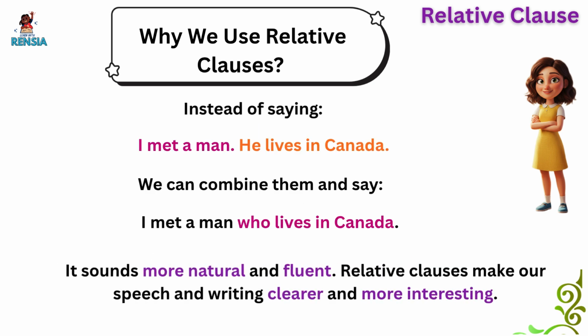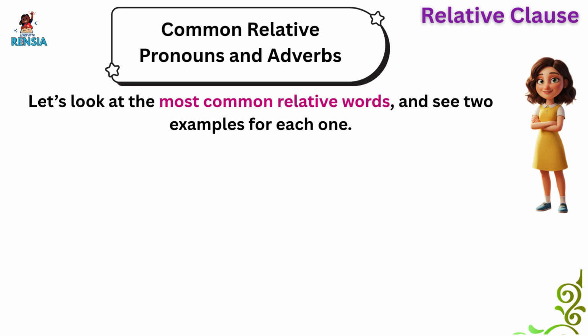It sounds more natural and fluent. Relative clauses make our speech and writing clearer and more interesting. Now let's look at the most common relative words and see two examples for each one.